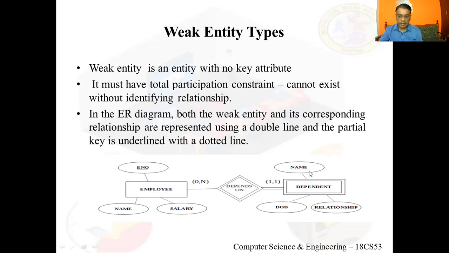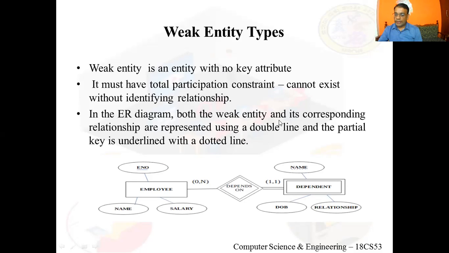Because it does not have key attributes of its own. Name cannot be called a key attribute because two dependents can have the same name. So for that reason, name cannot be called a primary key or key attribute. So it can be identified along with the particular employee. This is called a partial key, denoted with a dotted line.